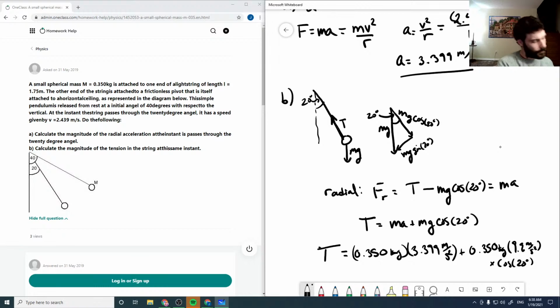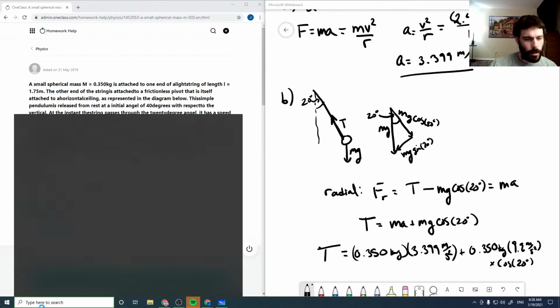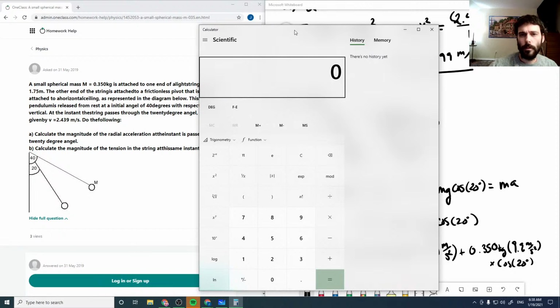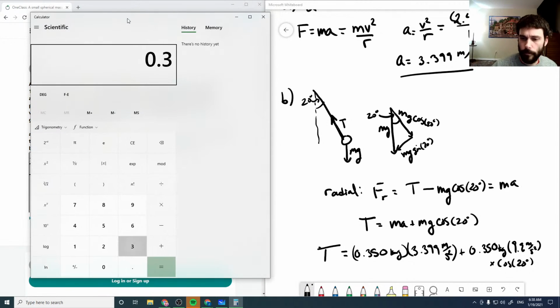Now I seem to have missed this acceleration component here, my mistake. So I'm just going to add it in here now.